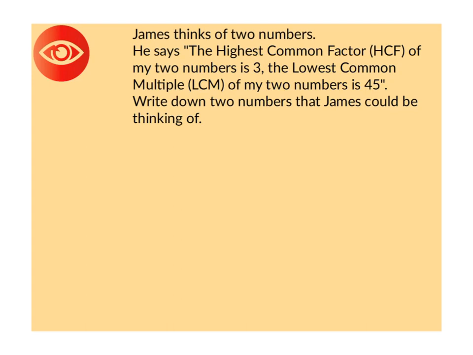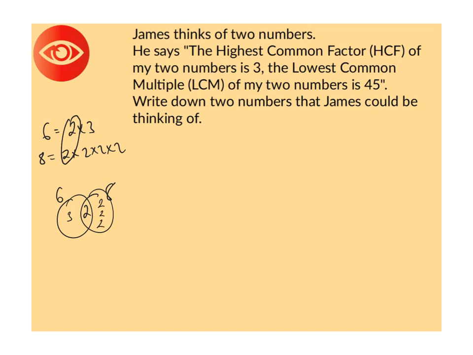So if you just think about the method if you were going forwards, so if you had to find the lowest common multiple of 6 and 8, then you would do a Venn diagram in which you had anything common in the intersection, and then you'd put the other things in the Venn diagram like so.